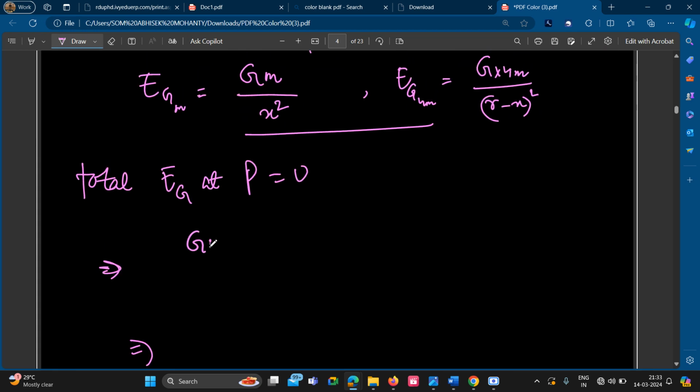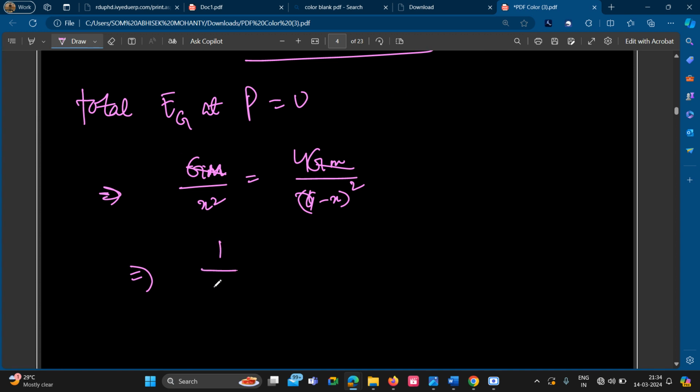So we will just equate the gravitational fields. So GM by X square is equal to G 4M by R minus X whole square. GM cancelled out. So 1 by X square is equal to 4 by R minus X whole square.